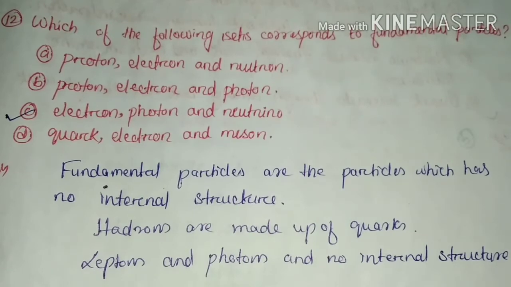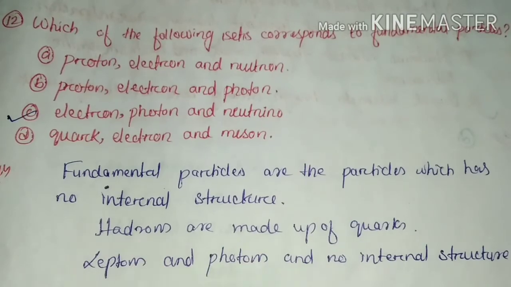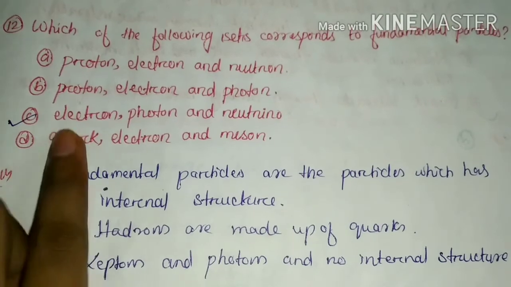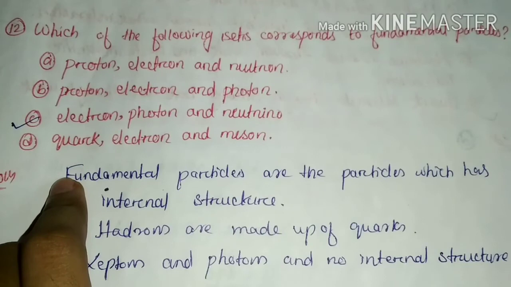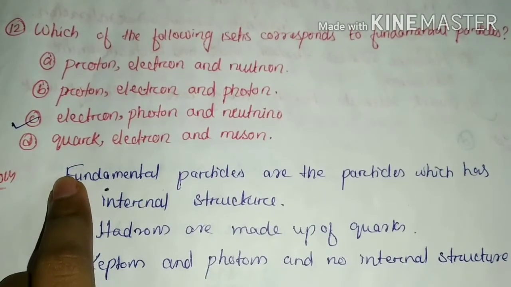Any particle which contains quarks will experience the strong nuclear force and will be a hadron. So how will you know what are hadrons? Any particle which contains quarks and has the strong nuclear force, we say these are hadrons. So proton is a hadron, right? But is electron a hadron or not? Electron is not a hadron.